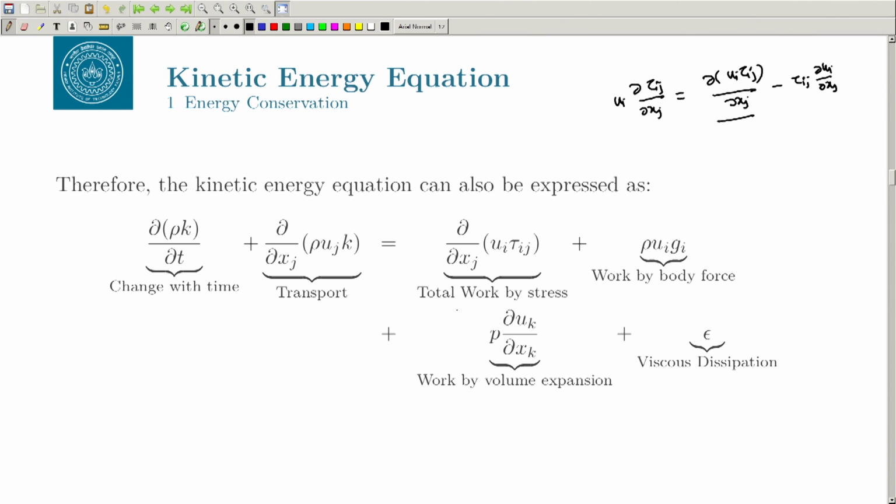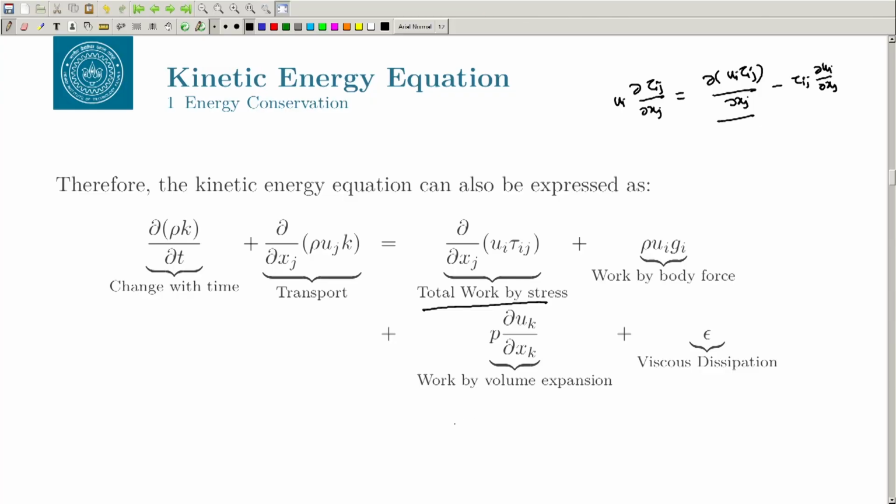This term is the total work by stress, which includes the change in the kinetic energy as well as the internal energy, but because this is just a kinetic energy expression, you have to subtract the term which is due to the internal energy change, and that will be these terms. What are these terms? This is the work by the volume expansion, and this will only be true when the flow is compressible, because otherwise the del dot u will go to 0, and this is your viscous dissipation term.